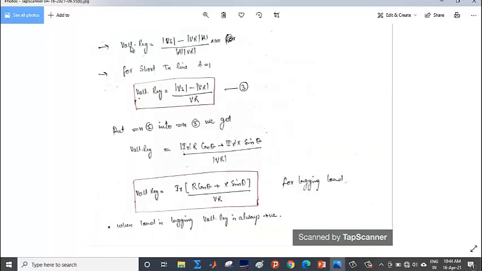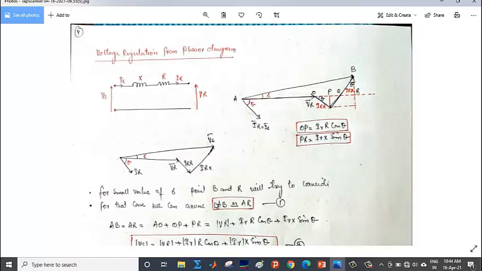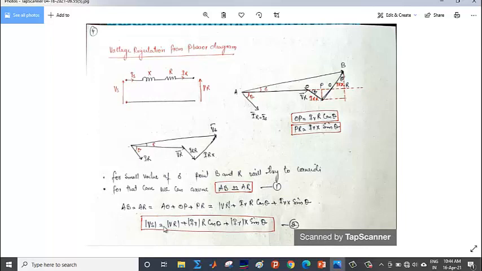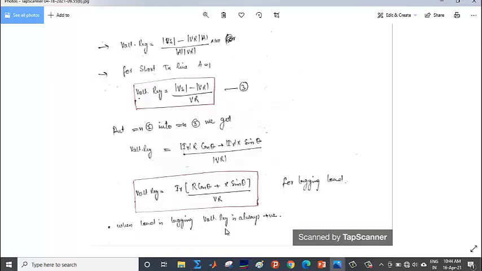So voltage regulation, as we have calculated earlier, is equal to Vs minus Vr into A divided by A into Vr, and for a short transmission line A is equal to 1. So voltage regulation will be equal to Vs minus Vr divided by Vr. Putting Vs minus Vr as IR R cos of theta plus IR x sine of theta, that is what I have written over here.